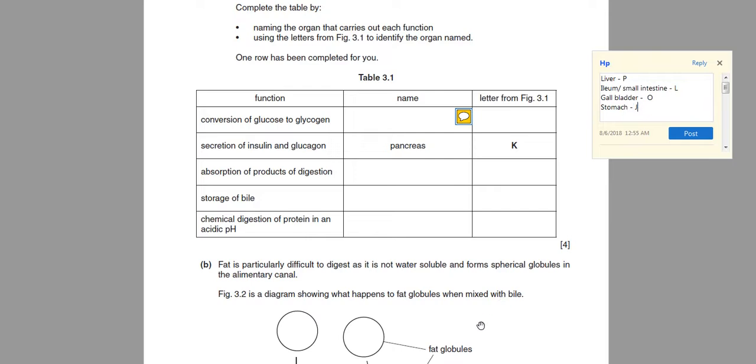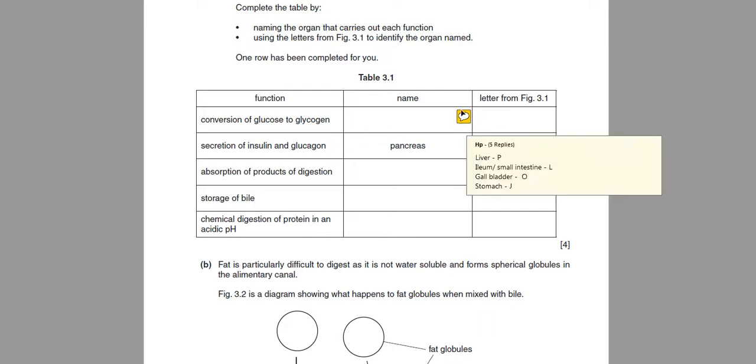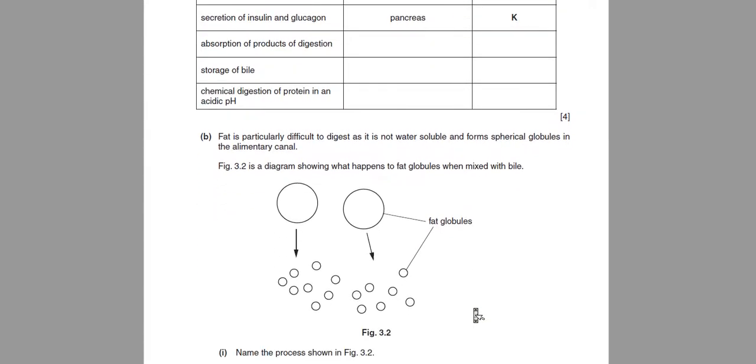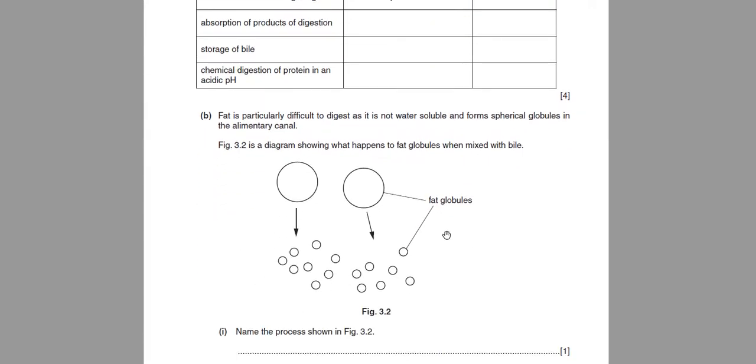Okay, so the next part of the question is this, which is asking us, when we look at this diagram, what are they asking? Fat is particularly difficult to digest as it is not water soluble and forms spherical globules in the alimentary canal.